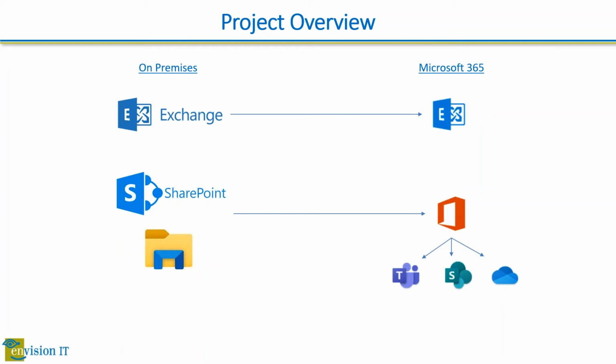They don't really notice that their mailbox is in the cloud when it used to be on an on-premises Exchange server, unless they happen to go into Outlook Web Access. But as we get into SharePoint on-premises, file shares on-premises, moving that into SharePoint Online, OneDrive for Business, exposing that through Teams, that obviously has a much bigger impact on user experience and something you need to manage from a change management point of view.